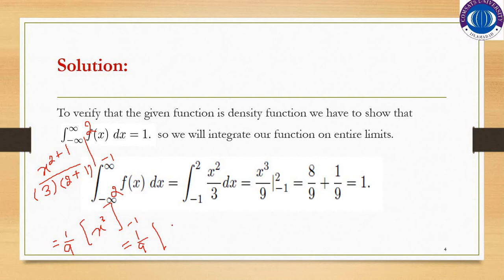We will substitute the upper limit first, which is 2 raised to power 3 minus -1 raised to power 3, which is equal to 1 over 9 into 8 plus 1, which is equal to 1.